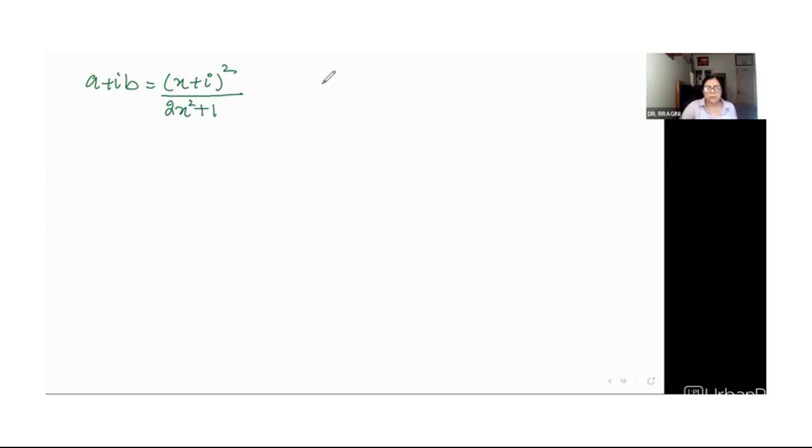Prove that a square plus b square is equal to (x square plus 1) whole square upon (2x square plus 1) square, right? So if this is given as a plus ib, let me check: (x plus i) square, 2x square plus 1.